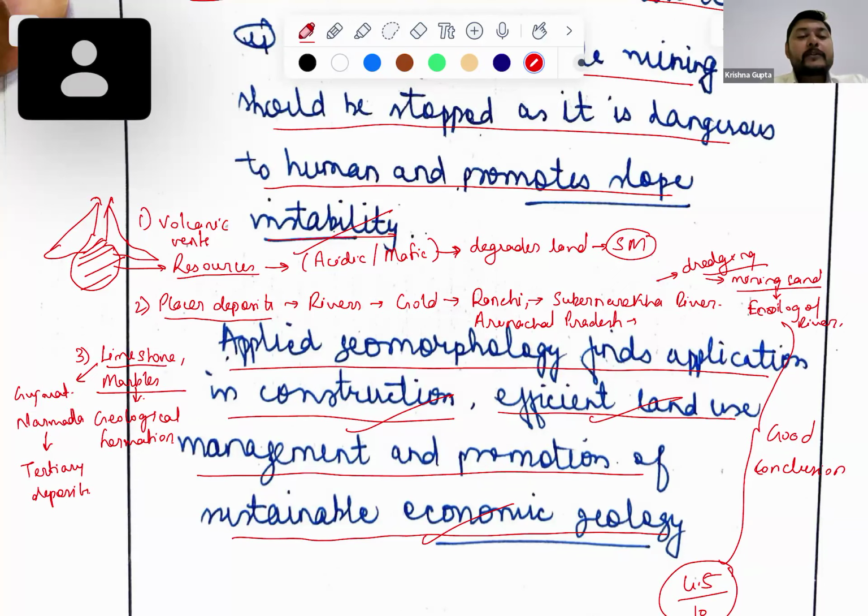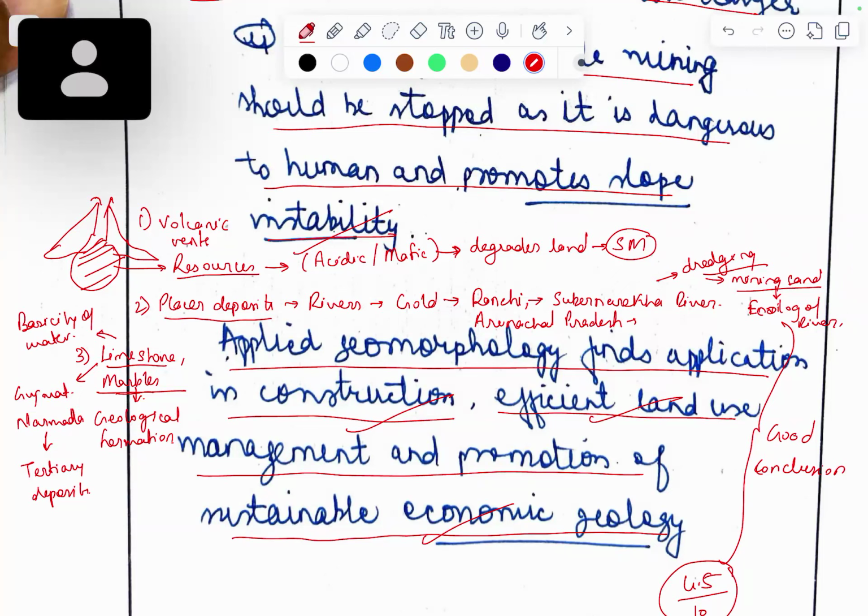Now talking about limestone and marble. Limestone is a soft rock, and marble is more of a hard rock. When we mine limestone, this increases the calcium component, or the basicity of the water, which also impacts the soil in the nearby region and the environment.